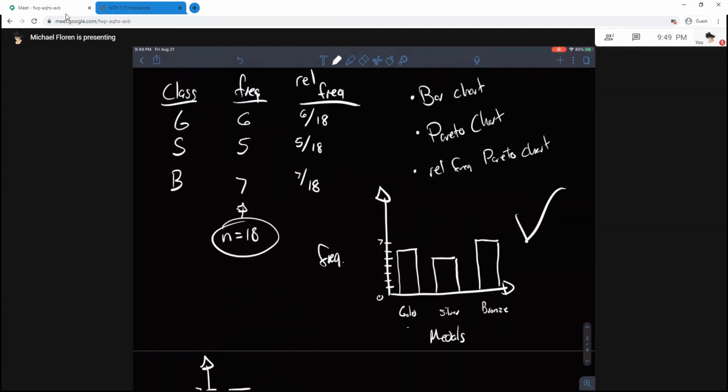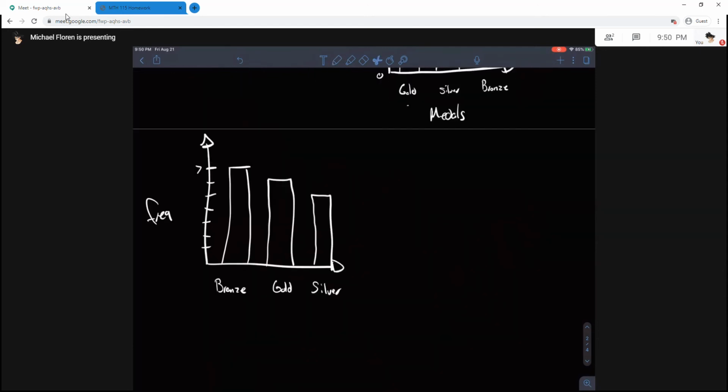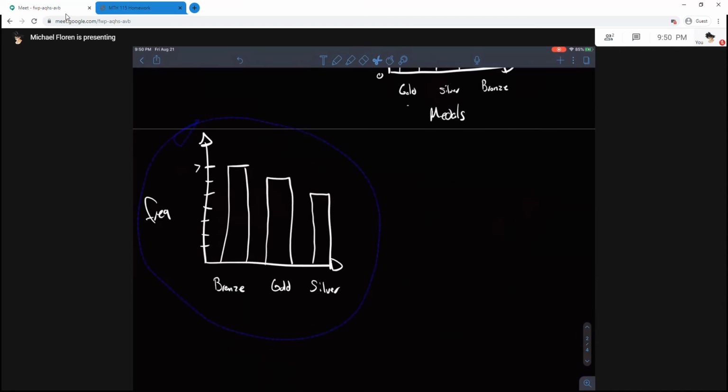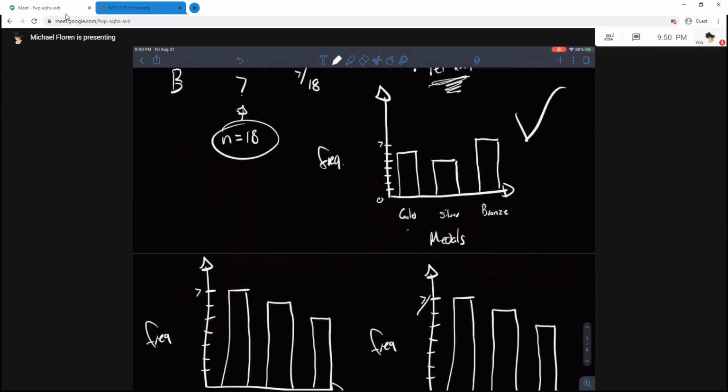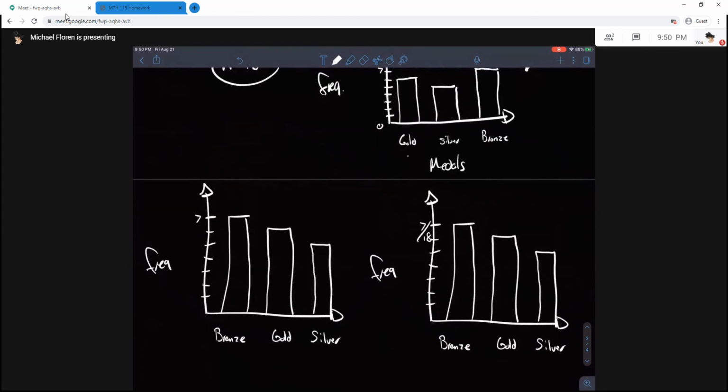Now remember, for relative frequency anything, all that we do is we can use this original chart that we have here. And actually, I'm literally just going to make a copy of it, put it over here, and recall that if we just take this and divide each of these numbers by our total, 18, magically this becomes a relative frequency chart.